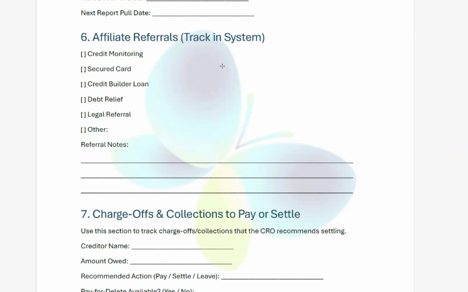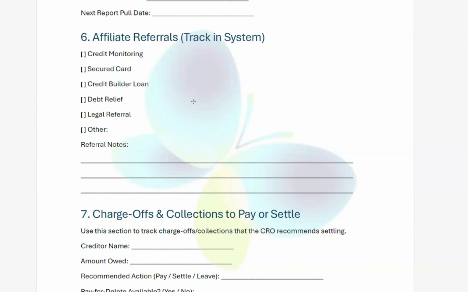So anytime the credit action plans show up inside of there, it will populate the secured cards and the credit builder loans, and you get paid on all of those. When your client is in their portal and signing up for those things, you're getting paid every single time they sign up.